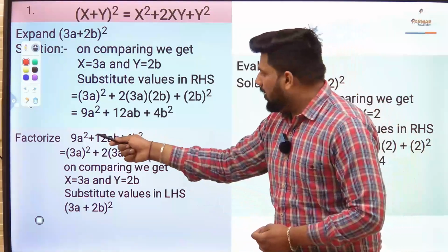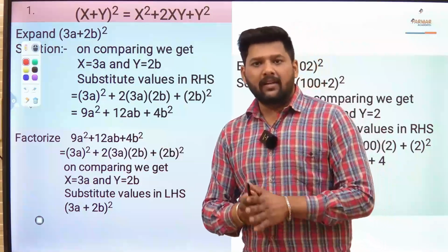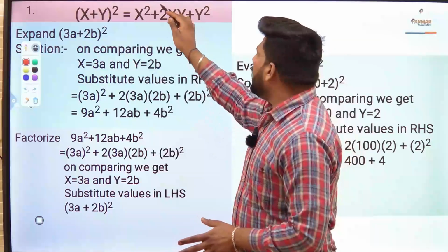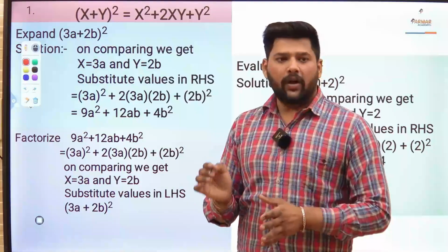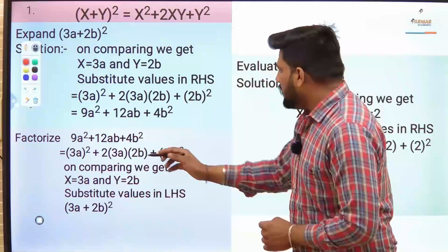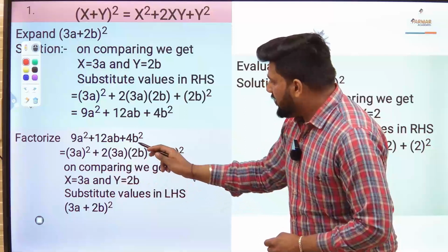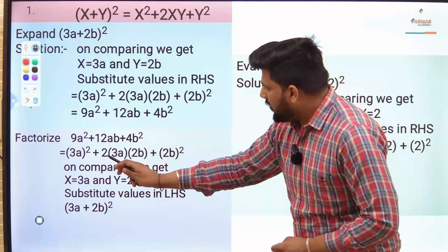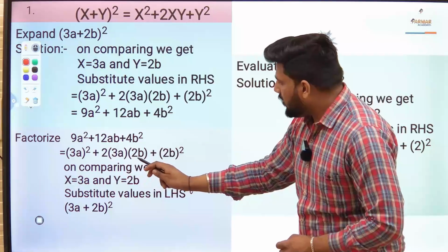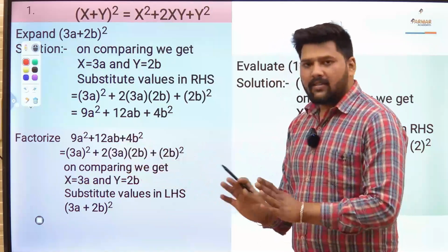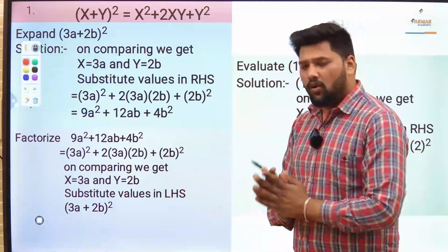I will split the middle term 12ab in parts to fulfill my requirement, that is 2 into x into y. So this is 2 into 3a into 2b. Please check that it is equal to 12ab. Yes, 2 3s are 6, 6 2s are 12, a into b, 12ab. Yes, this separation is okay.